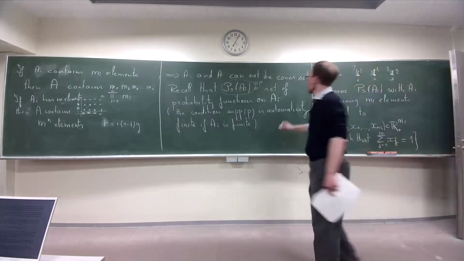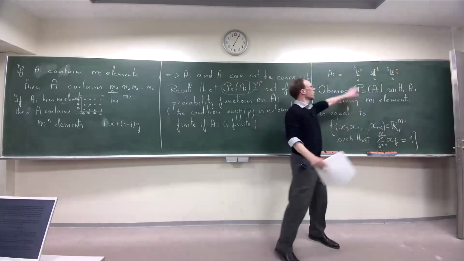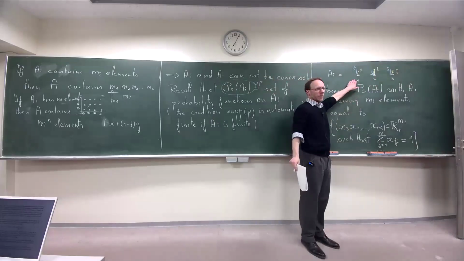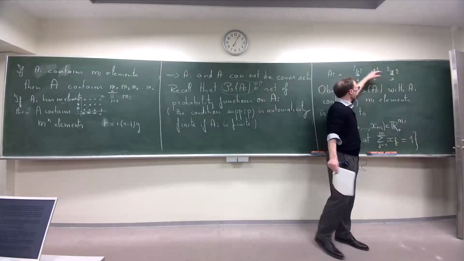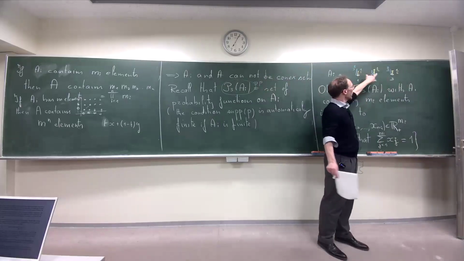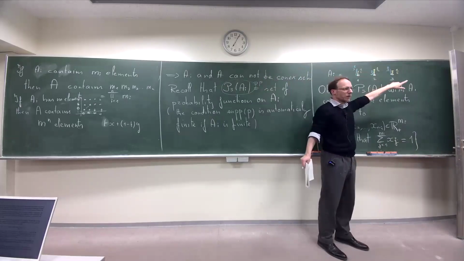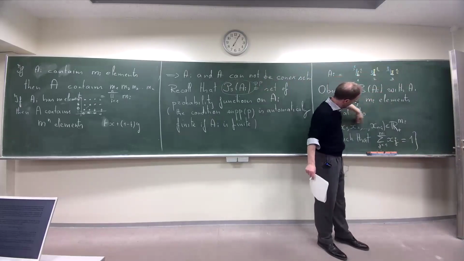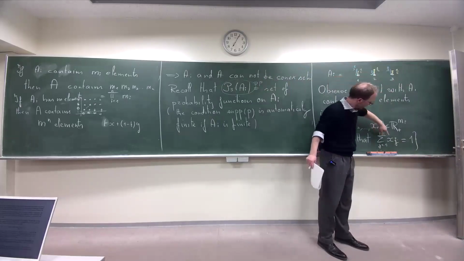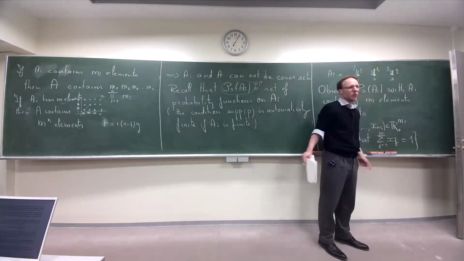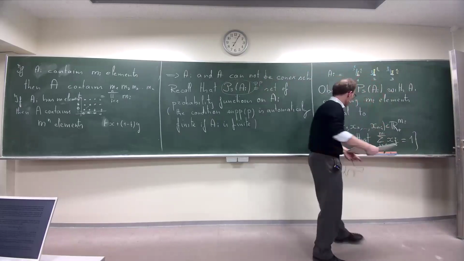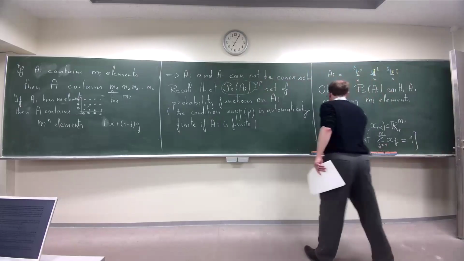Do you agree that you are describing all such functions? Above all points, you take a number, the blue one for example, and they have to sum up to 1. So I put these 3 numbers in such a vector with the condition that this sum is 1. It's the same.